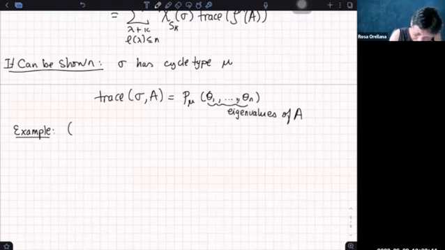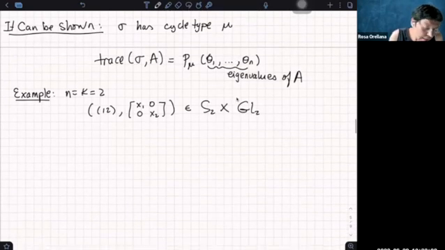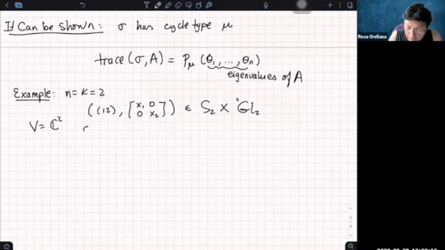Suppose that I have n equal to k equal to 2, for example, and I take the element (1 2) and the diagonal matrix with entries x1, x2. So this is in S_2 × GL_2. And I want to compute what this trace is. Well, in this case V is C^2 and V^{⊗2}, right?